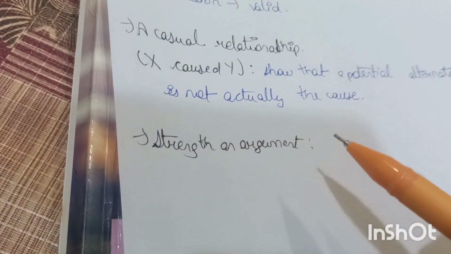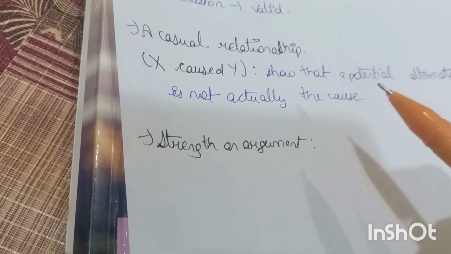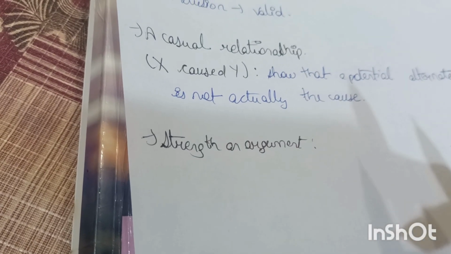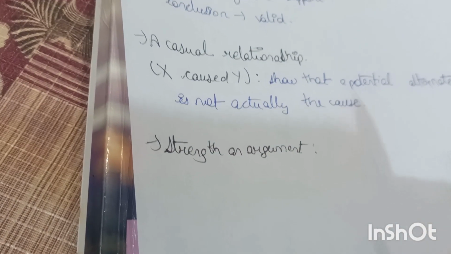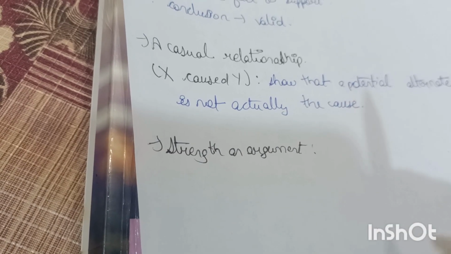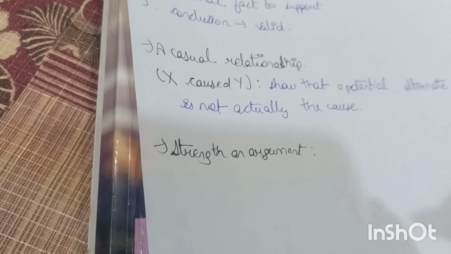There is one more trick to identify a correct statement. If the statement has some different topics but they are related to the conclusion, then that statement is correct.